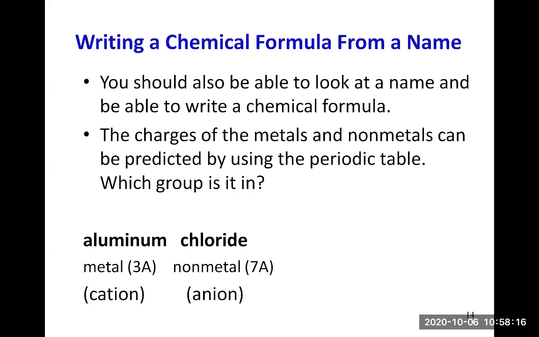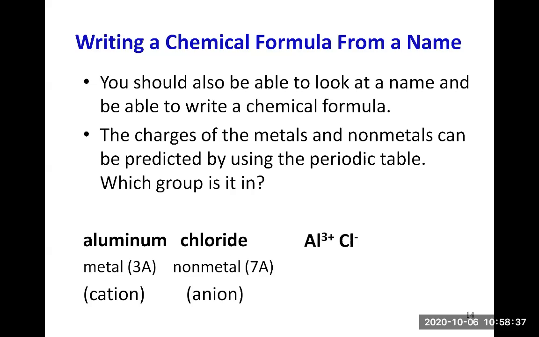So 7 minus 8 is -1 for chloride. So the chloride ion is Cl-, and the aluminum is Al3+. To write the formula, you need to place the positive ion first and then the negative ion, just like in the name, same positioning.